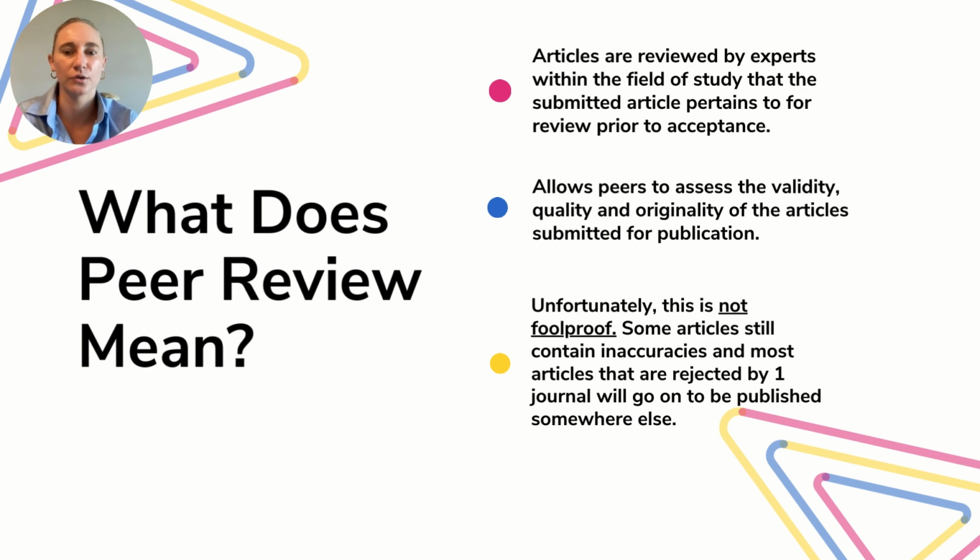They will also then be tasked with the job of reviewing the article to identify any areas that may need edits, and they will submit any of those concerns to the editor. Unfortunately, this is not a foolproof process because some articles still contain inaccuracies when they go for publication, and most articles that are rejected by one journal will go on to be published somewhere else.